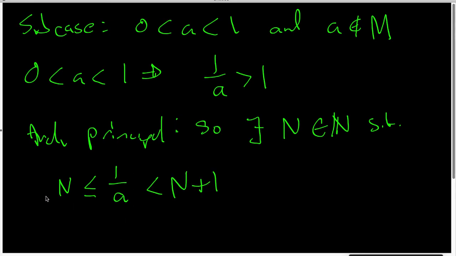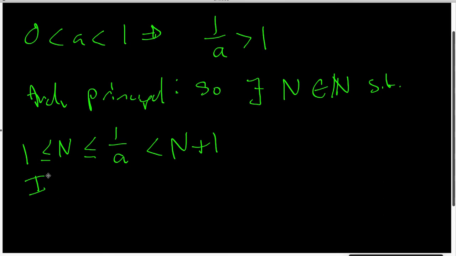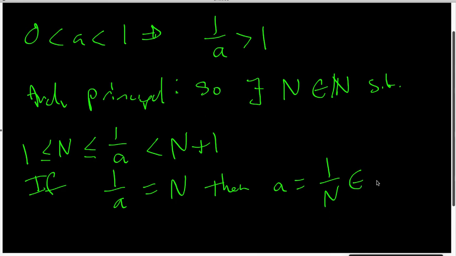It might be equal to capital N, but capital N is known to be bigger than or equal to 1. But what I want to notice is something else. If 1 over A was actually equal to capital N, then A would be equal to 1 over N, and it would be actually inside our set M.